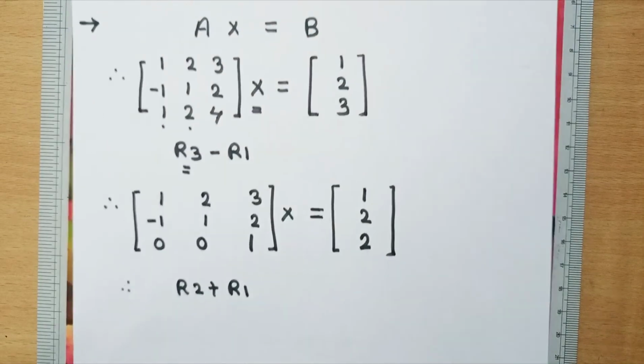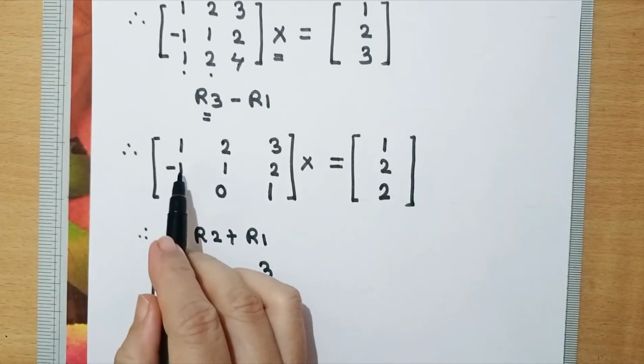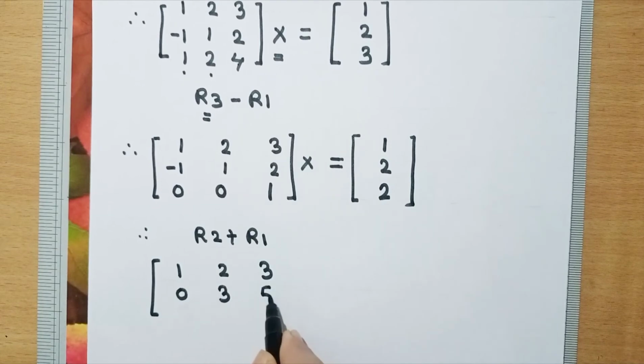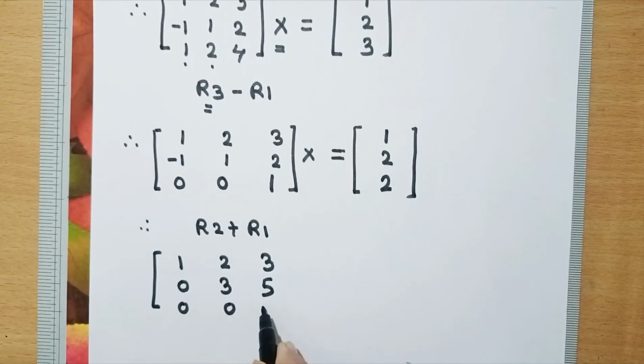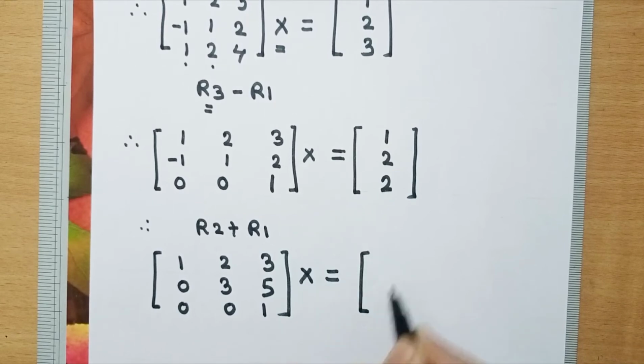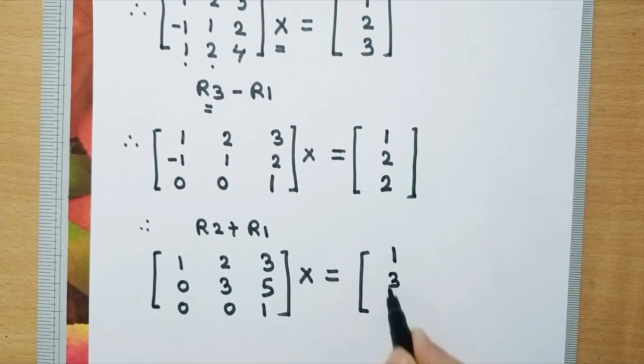So there will be only change in row 2. So now R2 plus R1 means minus 1 plus 1, 0, 1 plus 2, 3, 2 plus 3, 5. Third row as it is. X is equal to first row as it is, R2 plus R1, 2 plus 1, 3, 2.